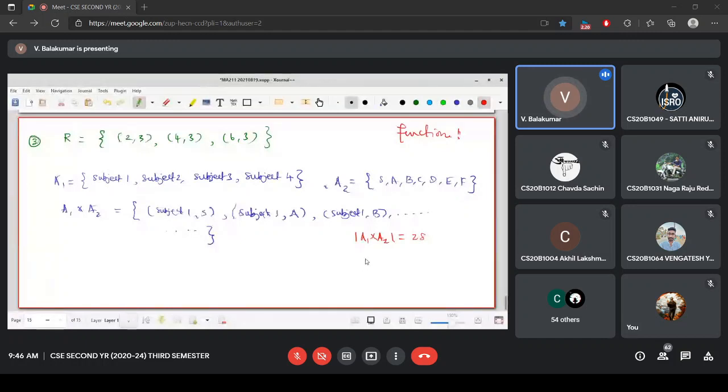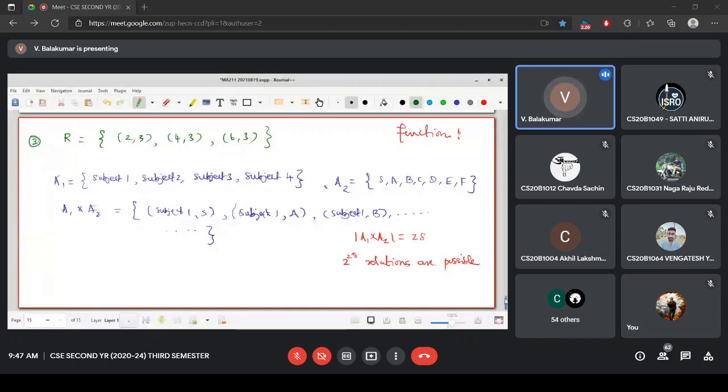So I am having 2 power 28 relations possible. Okay. Let me write down one relation similar to this.